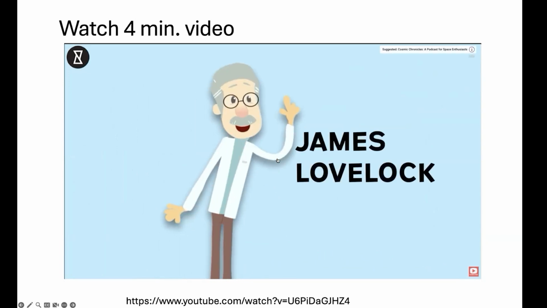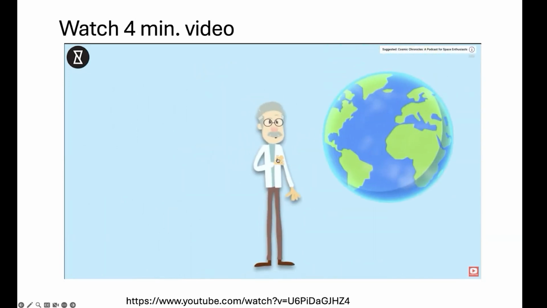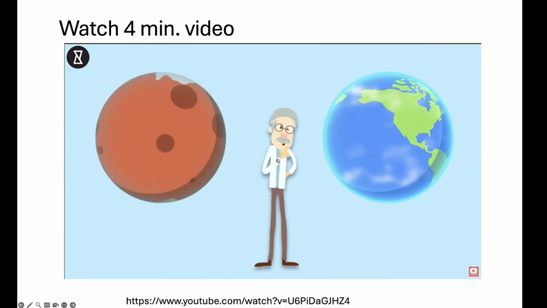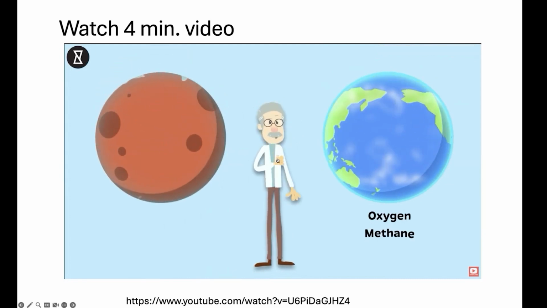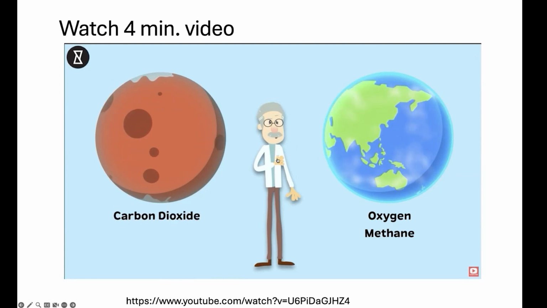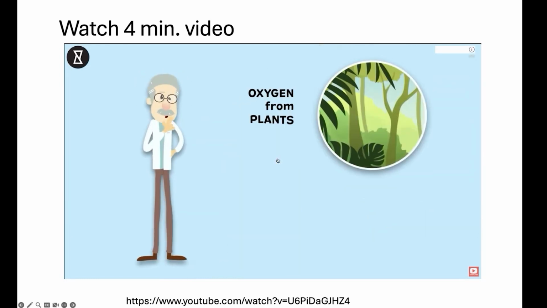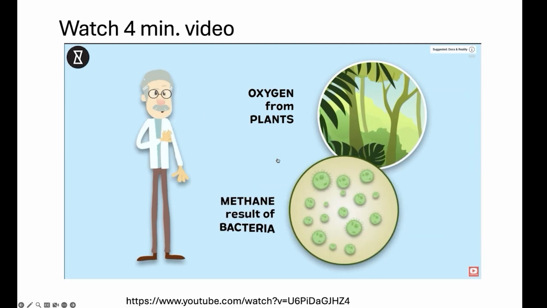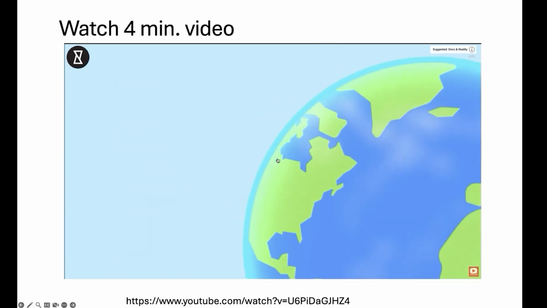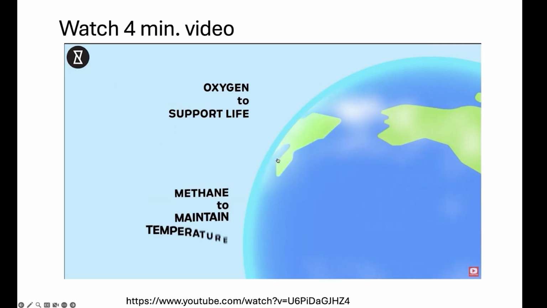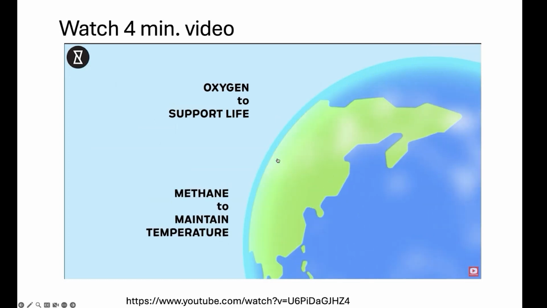He came up with this theory while studying why Earth's atmosphere is different from that of Mars. Why does our Earth have both oxygen and methane when Mars has mainly carbon dioxide? James Lovelock suggested that since oxygen comes from plants and methane is the result of bacteria, the Earth is regulating its atmosphere, providing oxygen to support life and methane to help maintain a livable temperature.